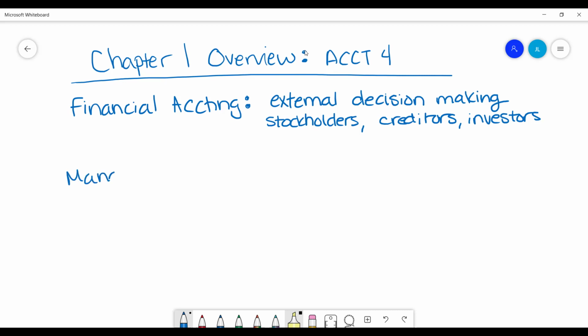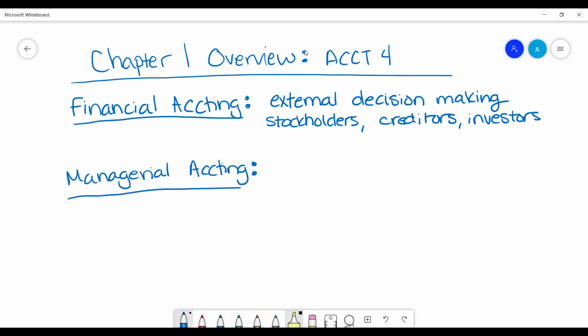With managerial accounting, the focus is going to be a bit different. Although our knowledge of the accounting cycle and financial statements is crucial for this class, that's going to come along with us, managerial accounting has a different focus. So where financial accounting is focused on those external decision makers, managerial accounting is focused on our internal decision makers, right? It's focused on management, hence the term managerial accounting.